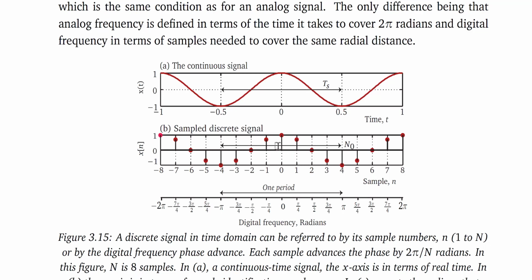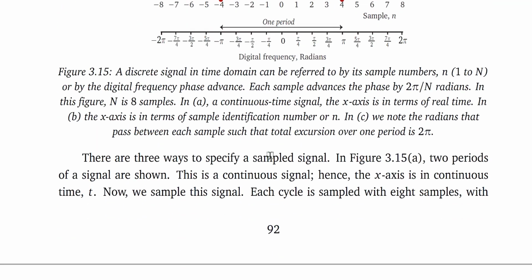So in these 9 samples, it has covered 2 pi. So each one of these ticks means that every time n changes, it covers pi over 4 radians, and you add those together, and it goes from minus pi to plus pi in this time period. So it's the same for the analog and the discrete signal.